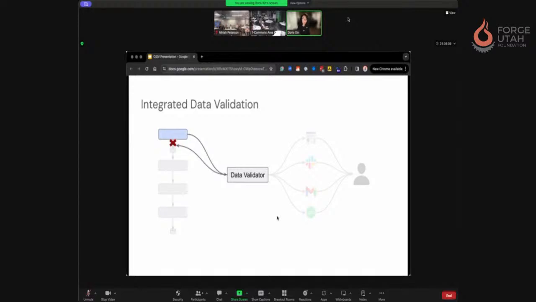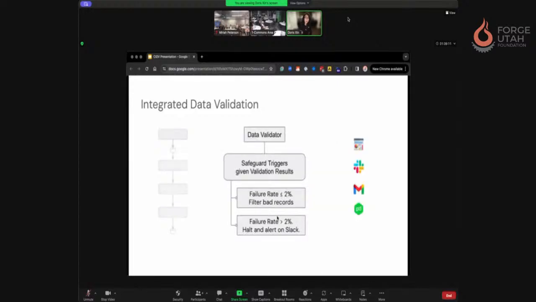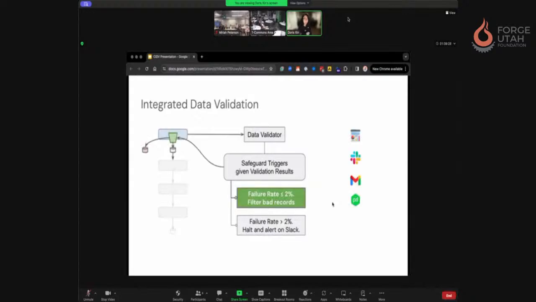Not all errors are created equal. So this is why we introduced the notion of safeguard triggers. These are basically behaviors conditioned on the validation results. For example, I can have two different triggers. One says if the failure rate is less than 2%, all you have to do is filter out the bad data and keep going. This seems innocuous enough.